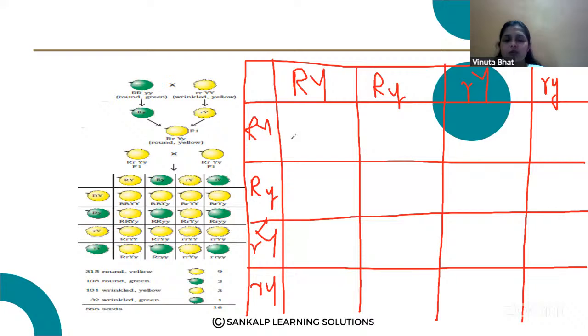Okay, so here just multiply this and write the capital R, capital R, capital Y, capital Y. Here just I will put the right mark, that is round yellow seeds.